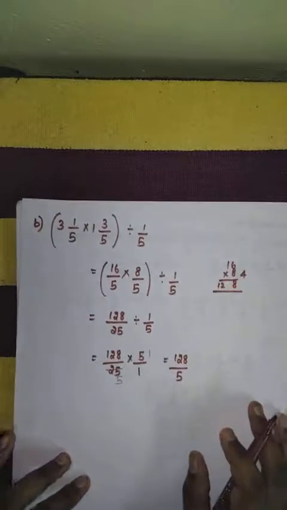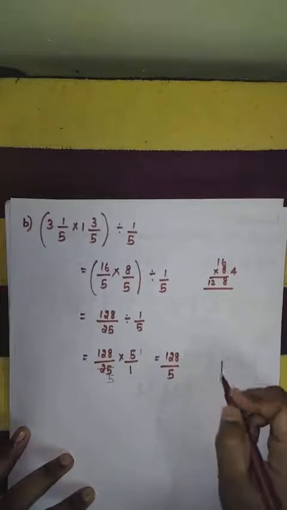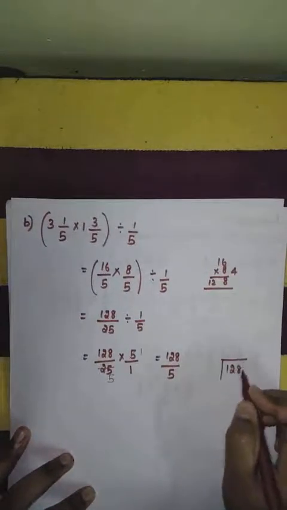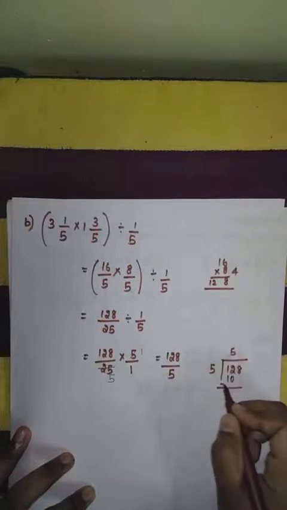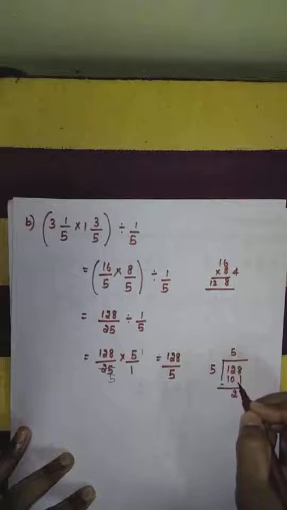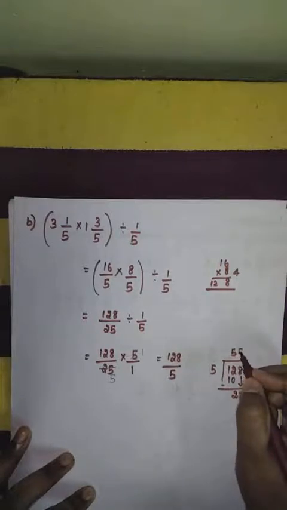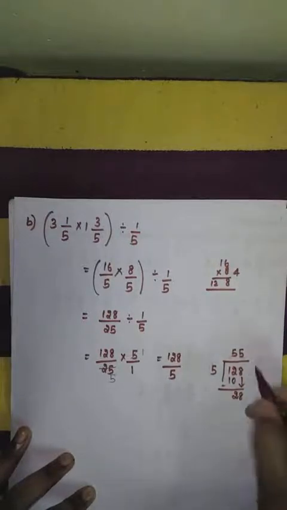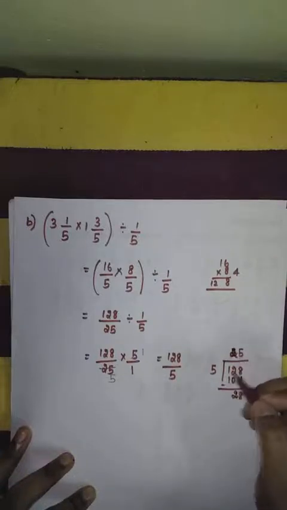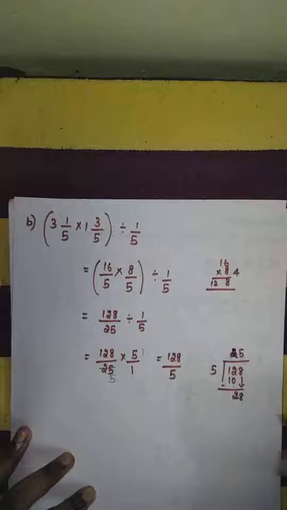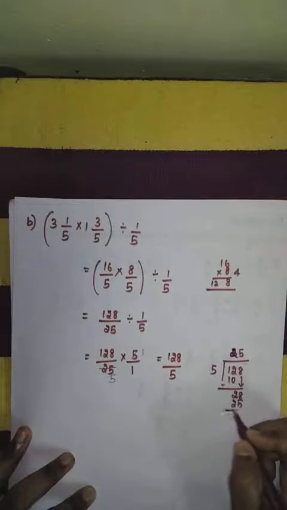So convert it into a mixed fraction. 128 divided by 5: 5 2s are 10. Balance 2, bring down 8. 5 5s are 25. 2 5s are 10, this is the 5 table, no?